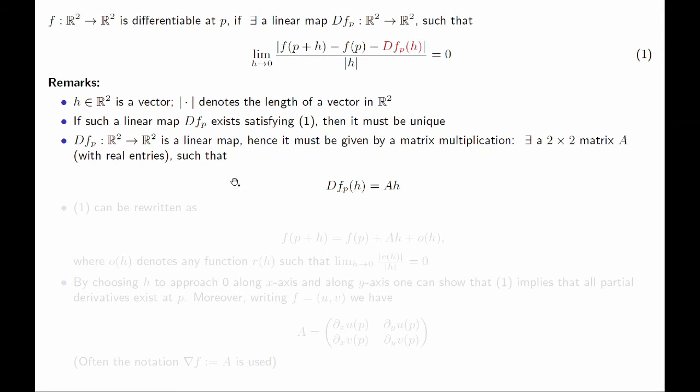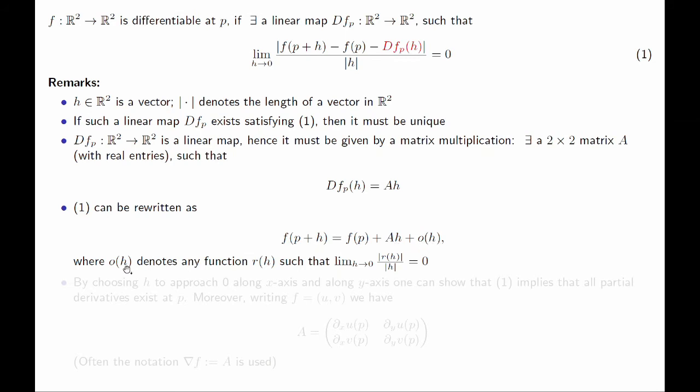Next, another common way of rewriting 1 is the following. f of P plus h is equal to f of P plus A h plus little o of h. Well, here we see the linearization formula of f near the point P, and A is the linearization. And what is little o of h?